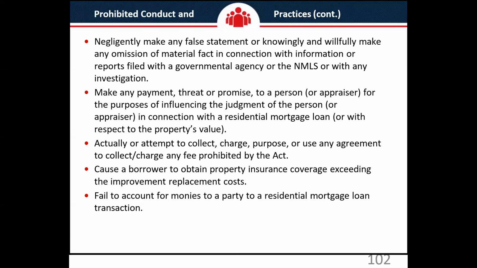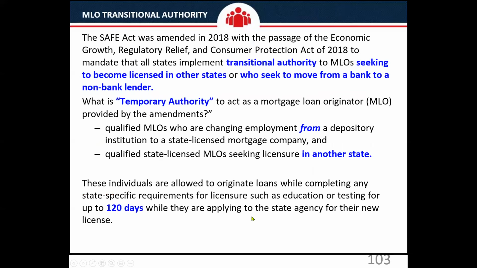Anything over and above what's reasonable. Failing to account for monies to a party to a residential mortgage loan transaction. You're supposed to be their fiduciary as well. When you accept money, it's not supposed to be commingled with your own monies, or somewhere where the client doesn't know what you're doing with their money.